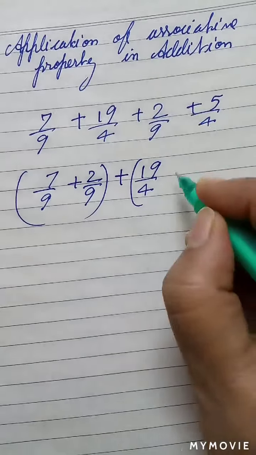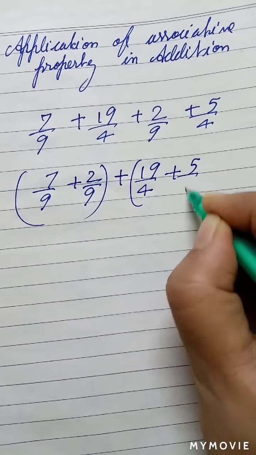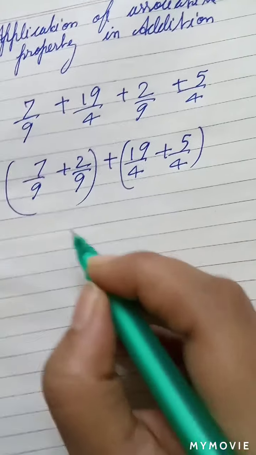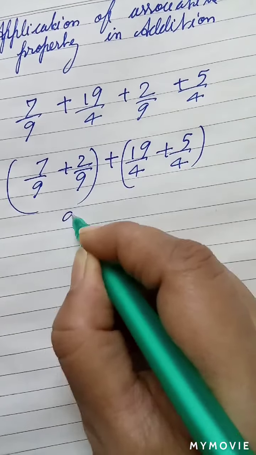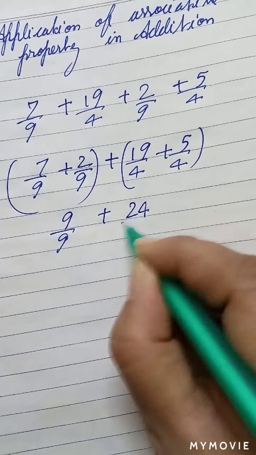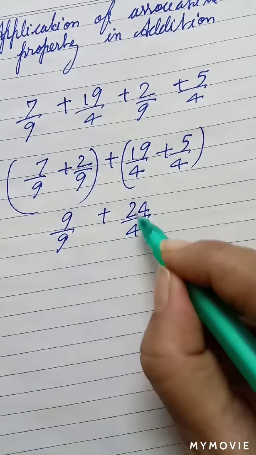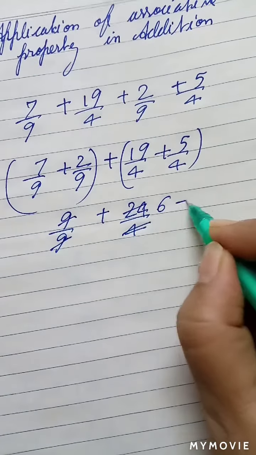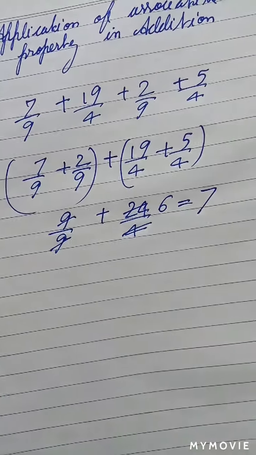And 19 by 4 can be grouped with 5 by 4. So now we have 9 by 9 plus 24 by 4. Let's reduce it to standard form, and we have got 7.